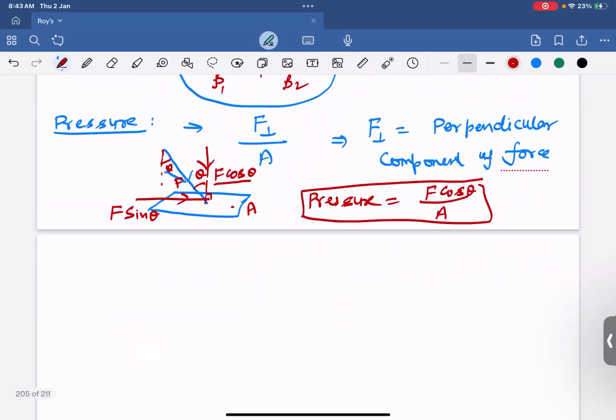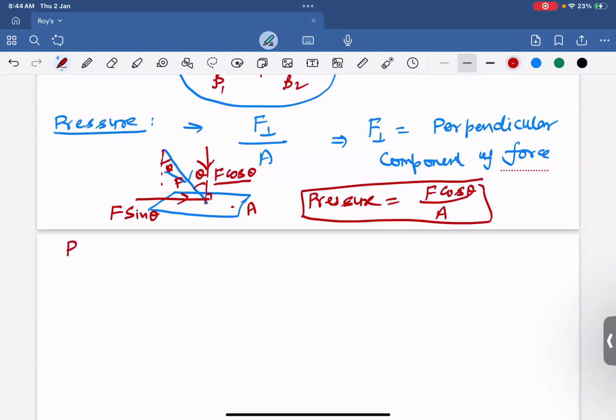Pressure is a very important property because liquids and gases both exert pressure on the container. So let's understand what the formula is and what the important properties of pressure are.